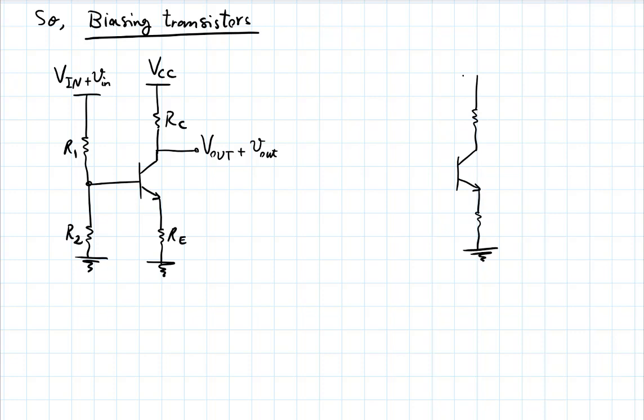So let's say if you wanted the same type of amplifier, this is another way. You solve this in DC. It's all DC. I think we did an example very similar to this, if not identical. This is another way of biasing it.